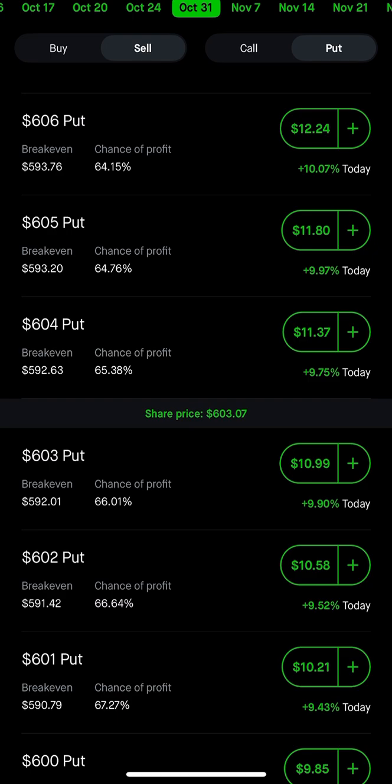So an example would be if you have a call option for Tesla at 100 and the stock price is currently at 109, then you would have $9 of intrinsic value. So those options would be in the money. So if you were to exercise that option, you would own the stock at 100.